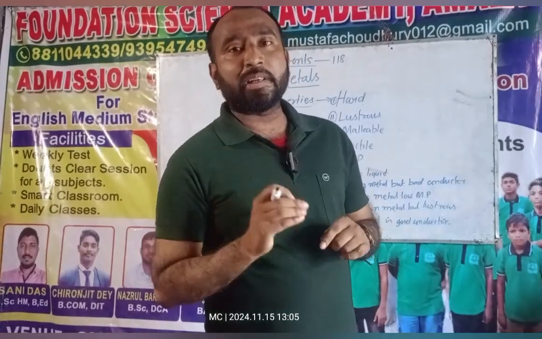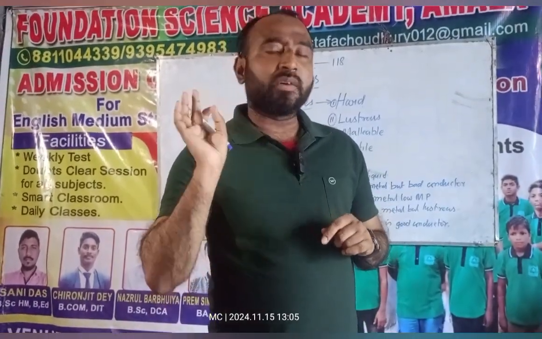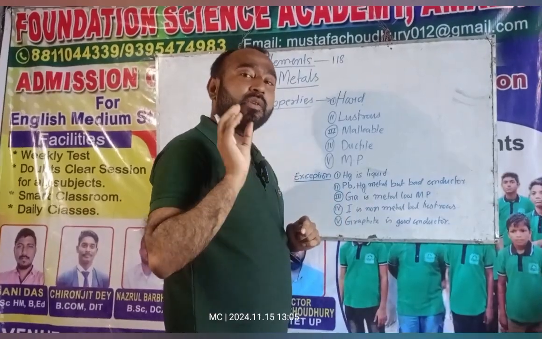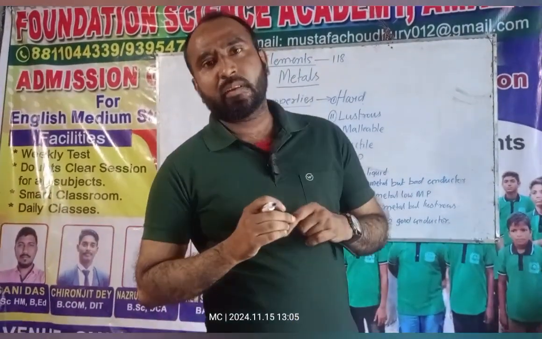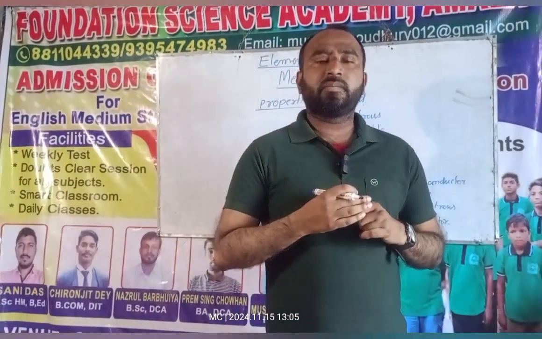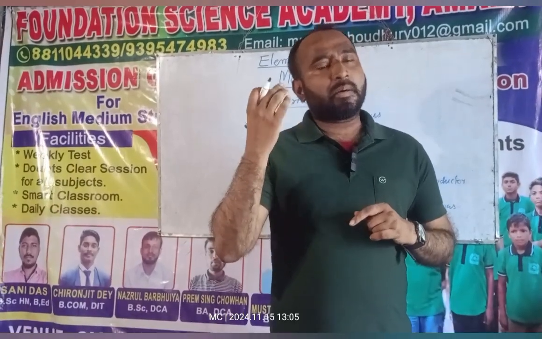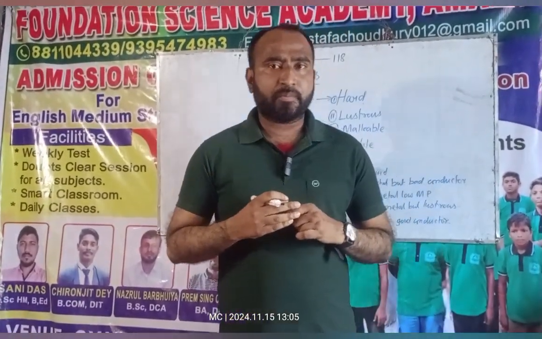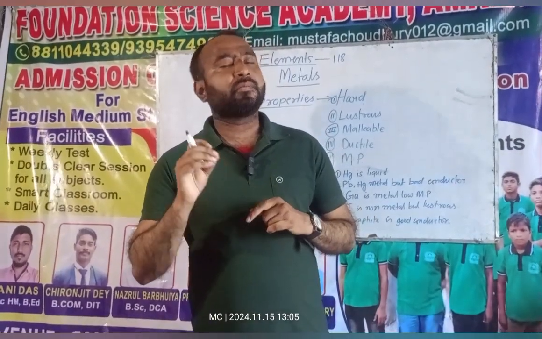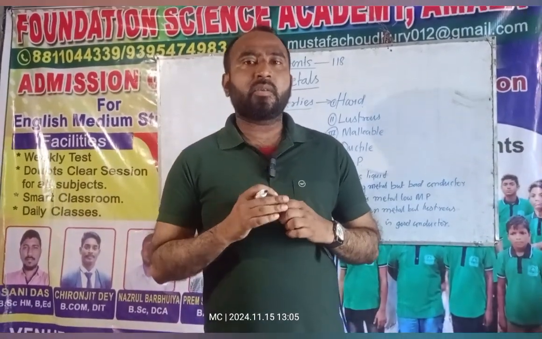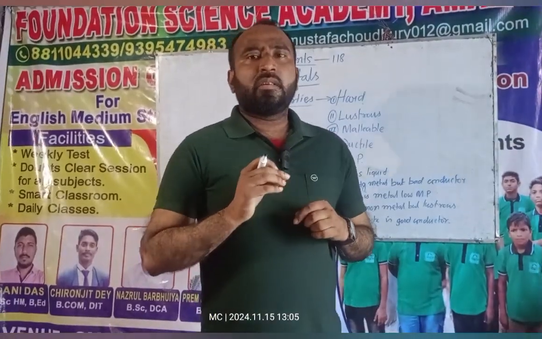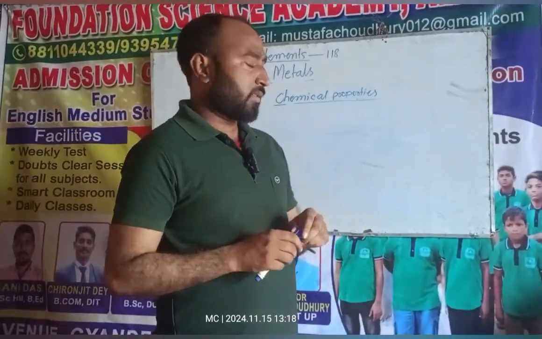Generally non-metals are bad conductors, but there is an exception, only graphite. Hope you understood the definition of metals and the physical properties of metals. Now we are going to learn the chemical properties of metals.